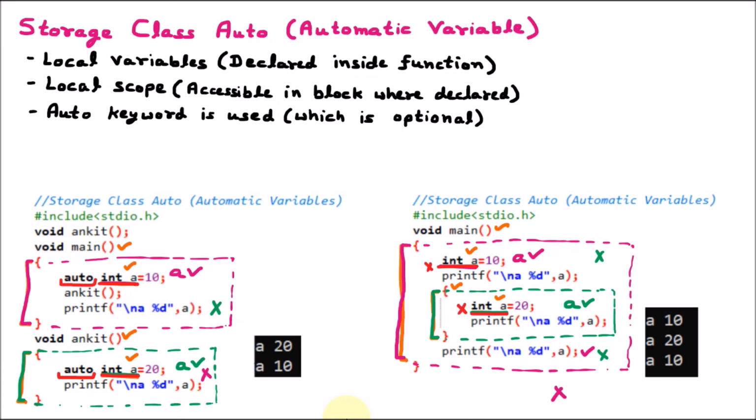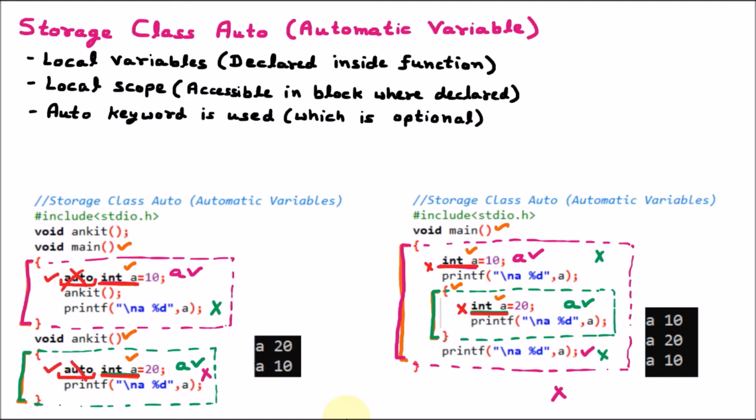Understand that every variable we declare inside a function is the local variable, automatic variable, or the internal variable. Here, whether you provide the auto keyword or not doesn't matter. That means here we have provided auto, and it is exactly the same if you do not provide auto. So both are the same. And in the second example, we have given auto int a.